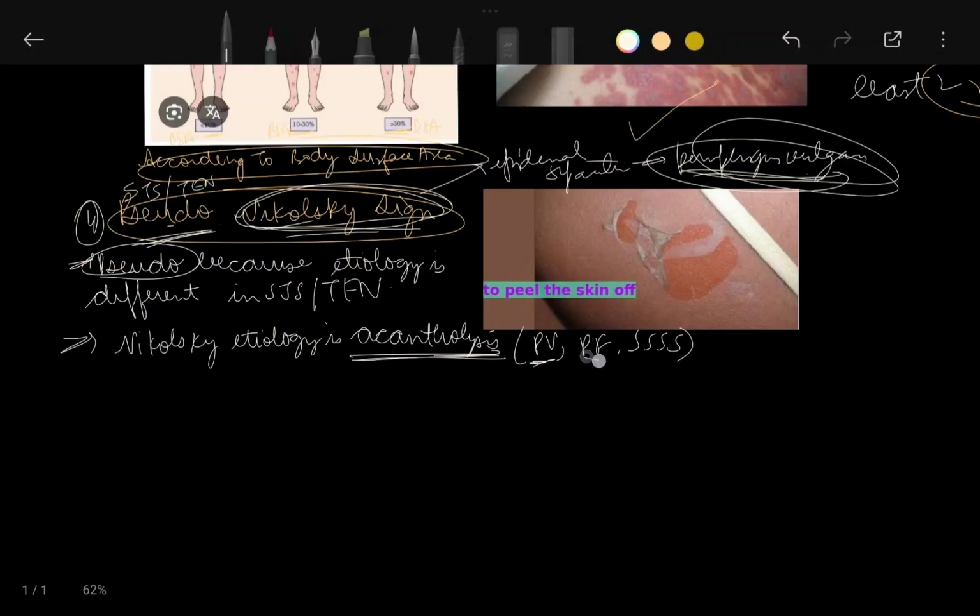PV over here stands for pemphigus vulgaris, PF stands for pemphigus foliaceus, and this is scalded skin syndrome. Yes, it is usually seen in the stratum spinosum.